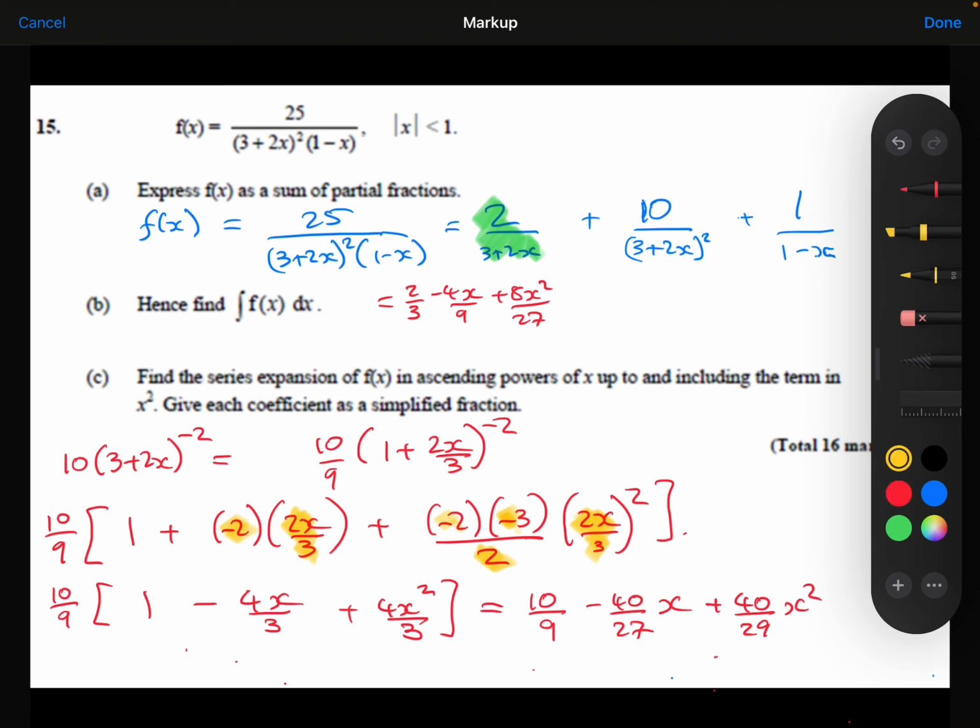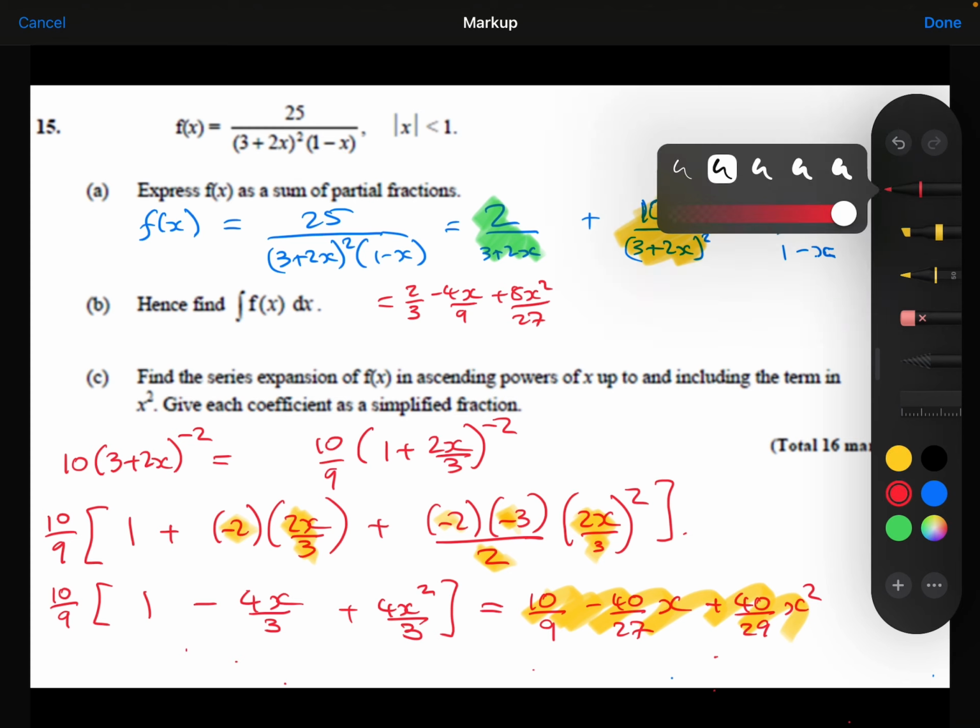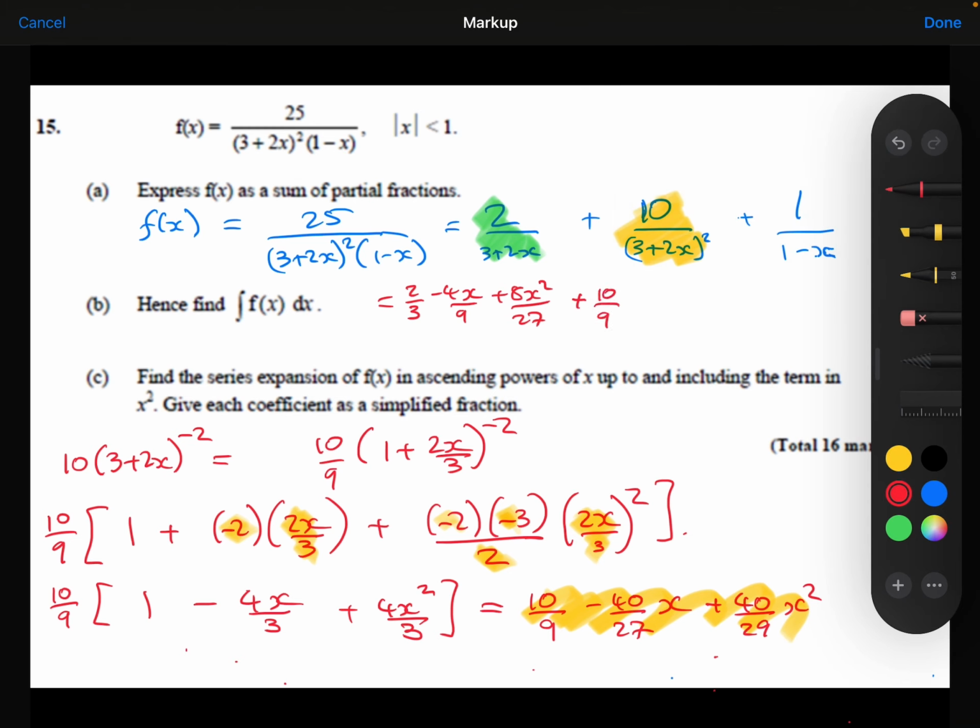So we have just shown that the first 3 terms of that is this. So let's write that here. What was a 27 on the denominator there, not a 9, not a 29.